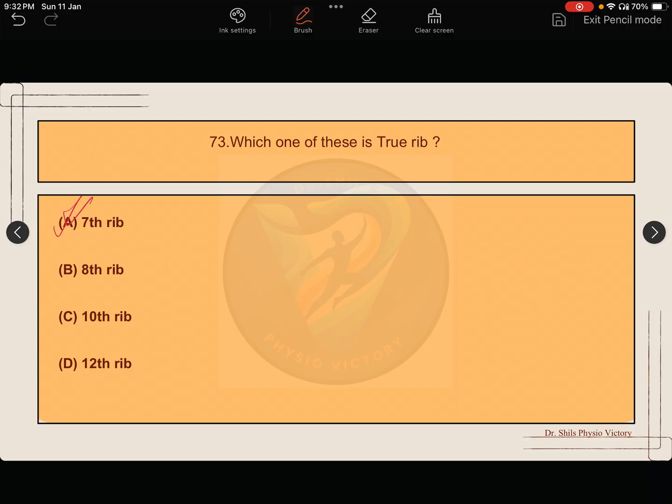So, 7th rib is the correct answer because it is the only true rib. 8th and 10th are false ribs and 12th is a floating rib. Ribs which are directly connected to the sternum are called true ribs.